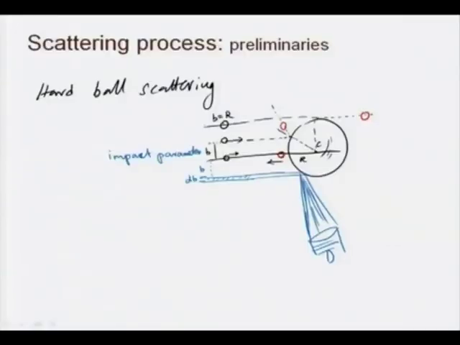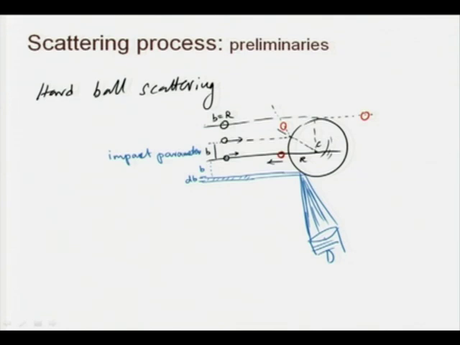And if you change the impact parameter, certainly the scattering cone's angle will be different, firstly. Secondly, the position will also be different. So, these will depend on the impact parameter.